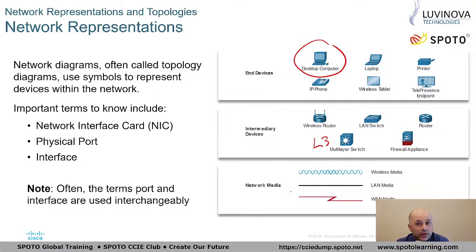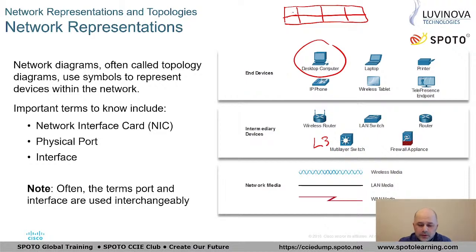Then also, physical port and interface. A physical port is exactly the physical place where the cable gets into the device. The interface is the logical abbreviation of that physical port. Logical. For example, a LAN switch has 6 ports, right? Or more.